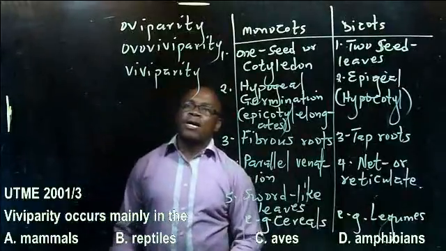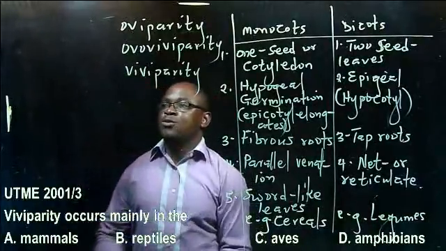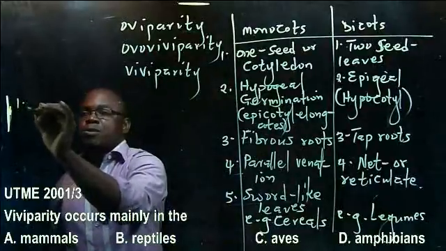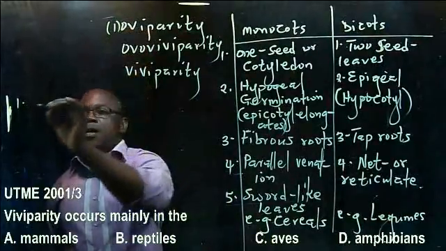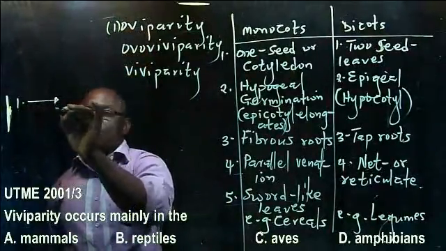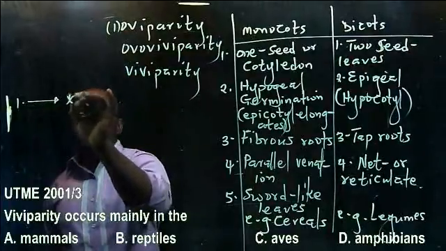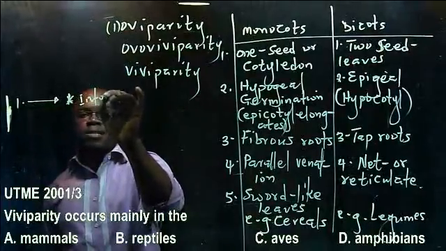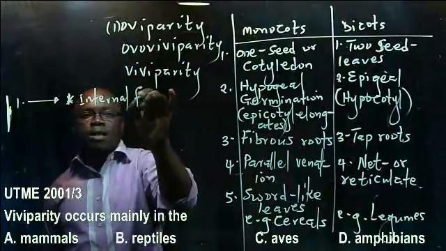Basically, I'm going to briefly describe each of these terms. An animal is said to be oviparous if, one, it exhibits the internal form of fertilization.